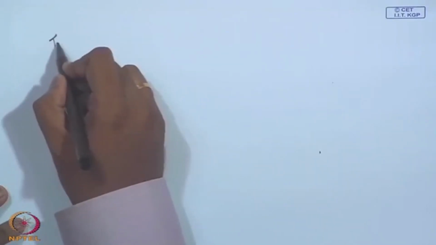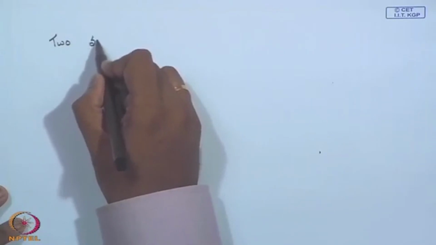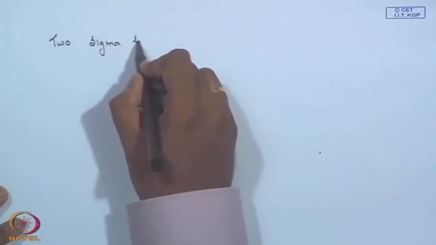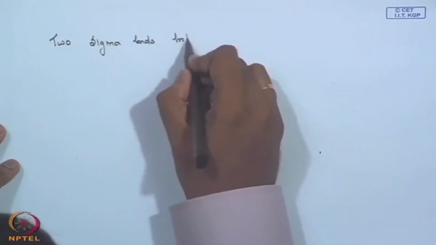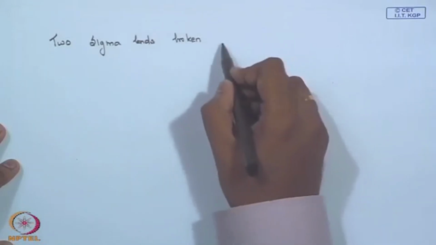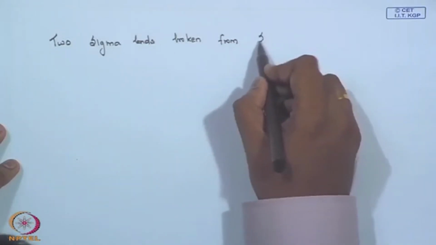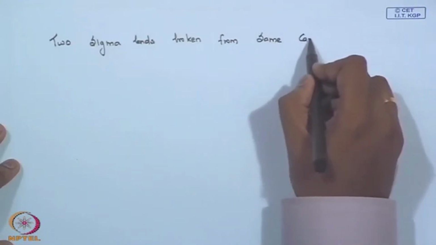Another type is of chelotropic nature, that is you call cycloreversion type of reactions. In cycloreversion reaction, two sigma bonds are broken from the same carbon atom, because your definition has the same atom.